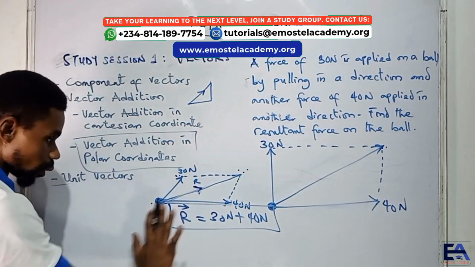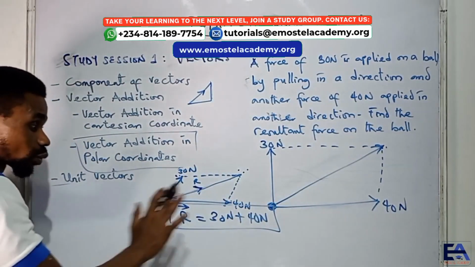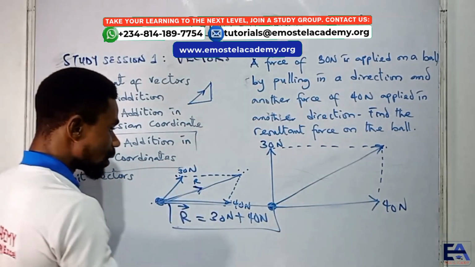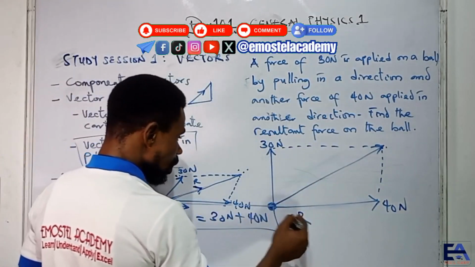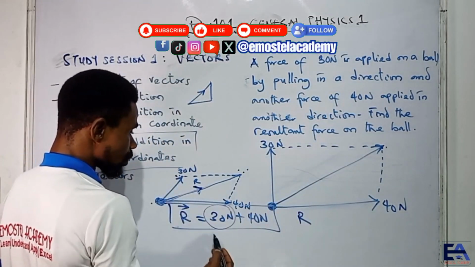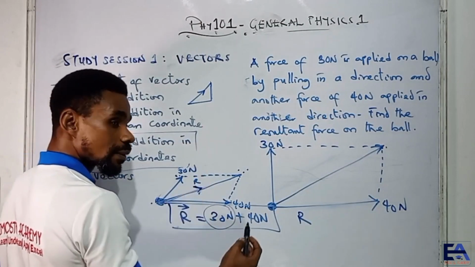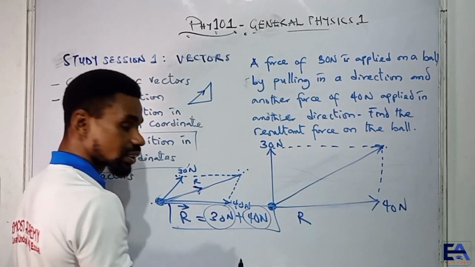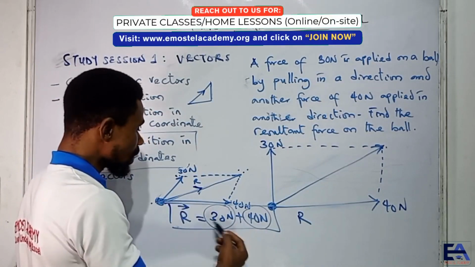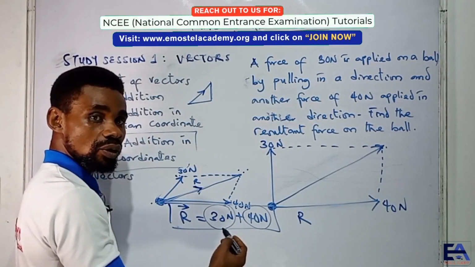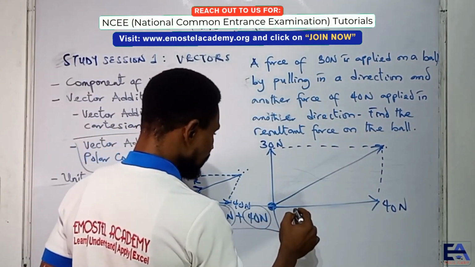That is the law. But if you want to do it by calculation, the magnitude, I'm not talking about the vector itself, the magnitude of the vector. We have already known the magnitude of this vector as 30 Newton here. We have known the magnitude of the vector in the direction of the second one as what? As 40 Newton. Then the overall magnitude of the vector is going to be represented as what?